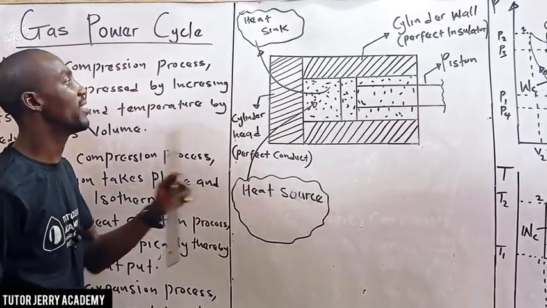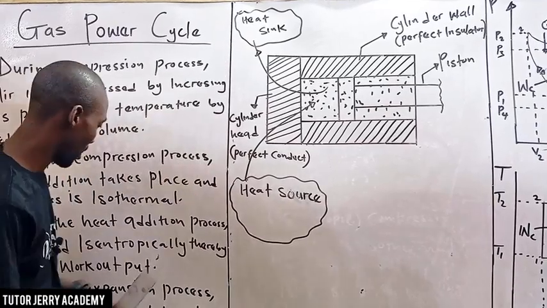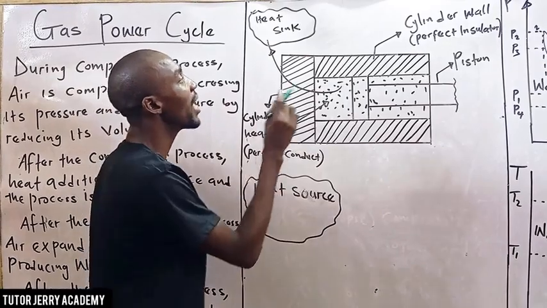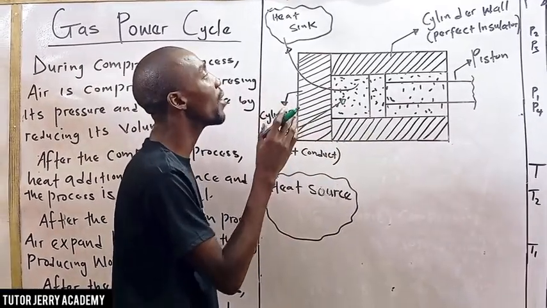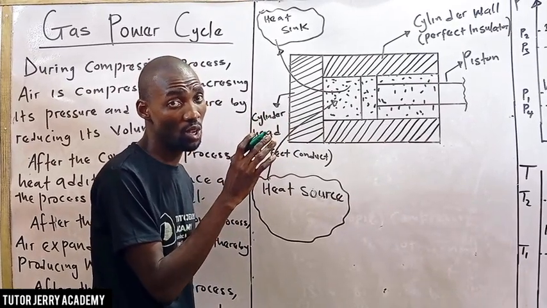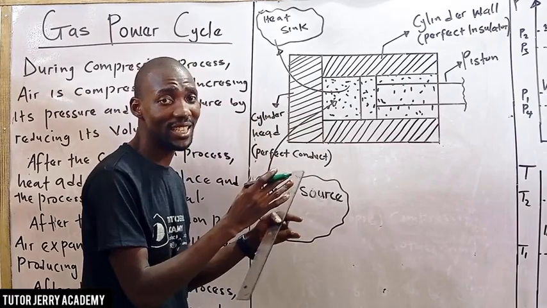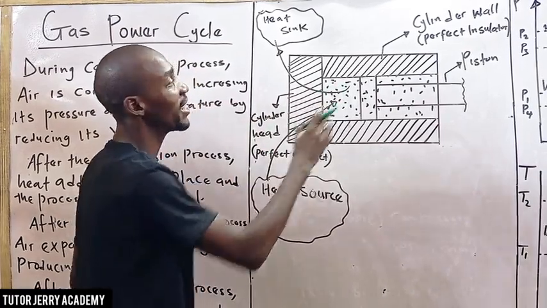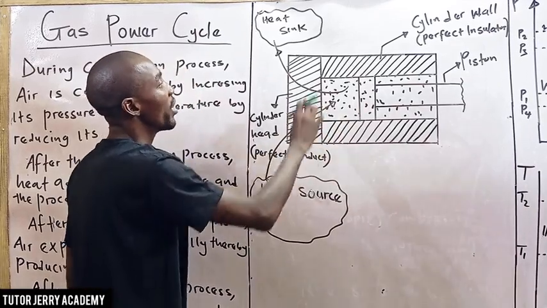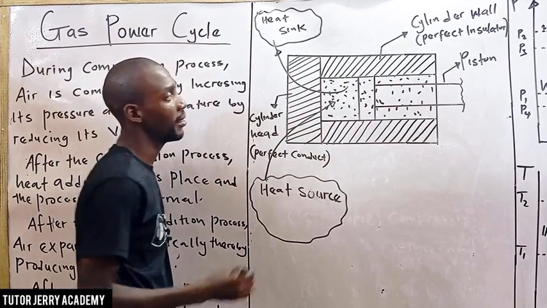So this is the explanation. And you are going to note that because the cylinder wall is a perfect insulator, it is perfectly insulated, the heat transfer there is going to be equal to 0. Please take note of that.